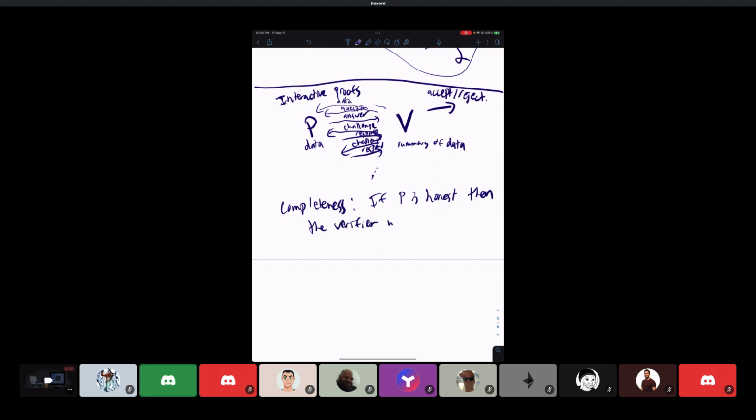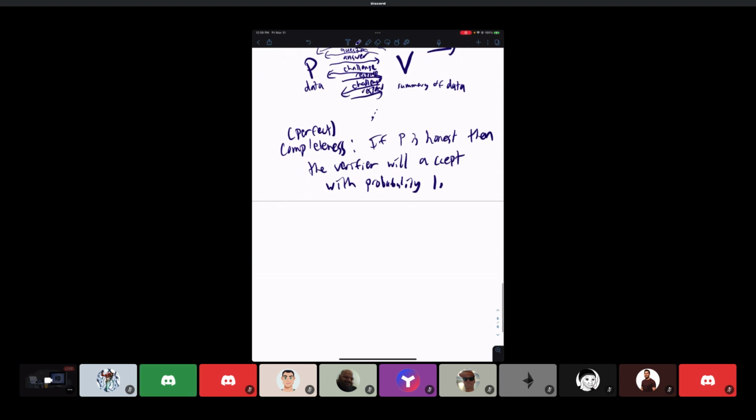Now, all of the interactive proofs that we'll see have what's called perfect completeness, meaning the verifier always accepts the claim of an honest prover. So probability 1. In general, you could allow some small probability that the verifier rejects a valid claim. But all of our protocols will not have that issue. That possibility will never arise.